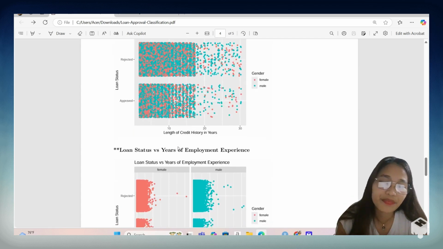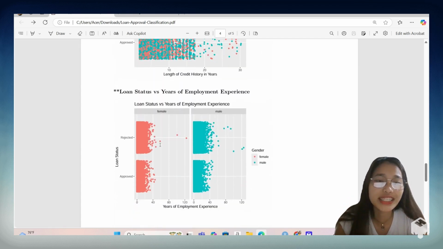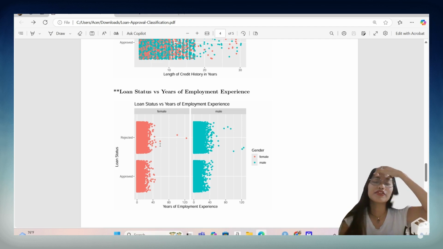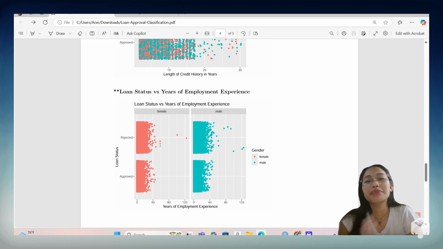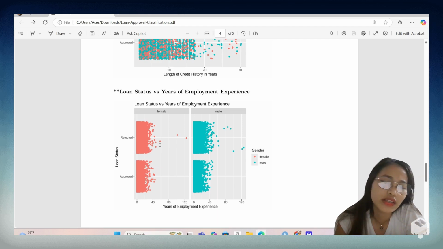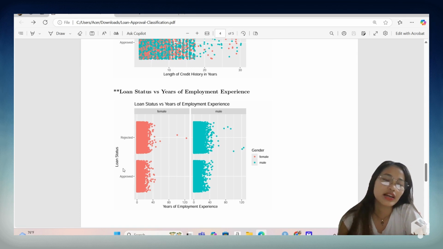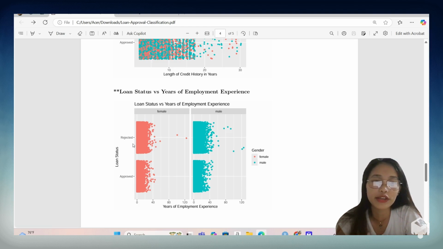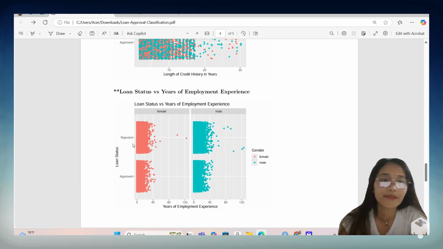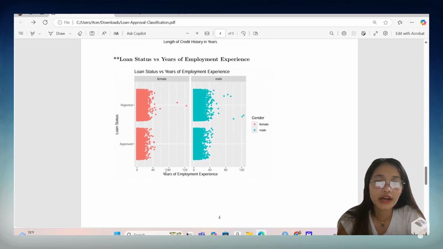Okay. So next we have the loan status versus years of employment experience. In the y-axis, we have the loan status. I also mutated the loan status for better visualization of the data. And in the x-axis, we have the years of employment experience, and the colors are represented by gender.